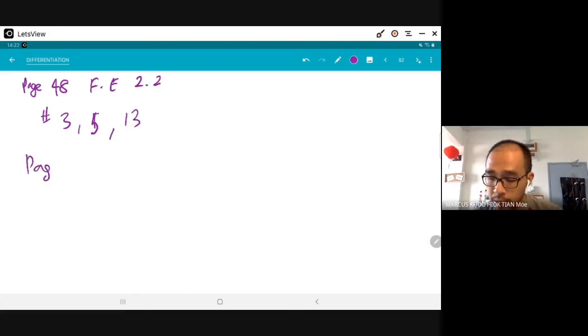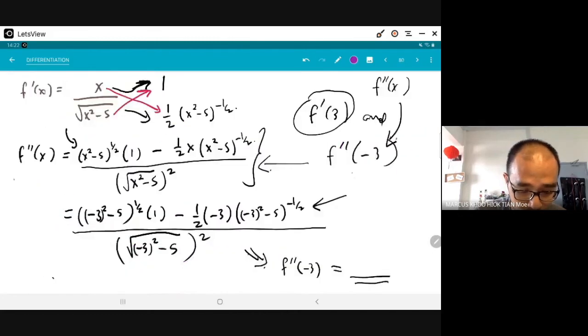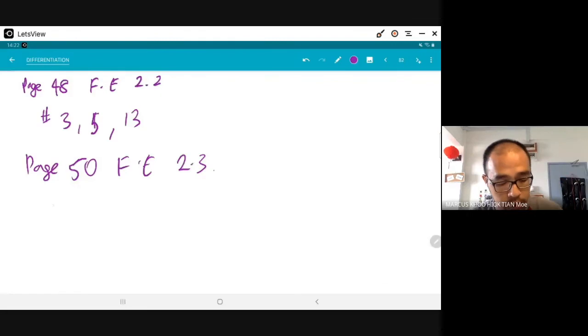Okay, and then page 50. Okay, formative exercise 2.3. Oh, hold on. Okay, question number 3 yang kita baru saja bincang tadi. And question number 6. Okay, 5 questions.